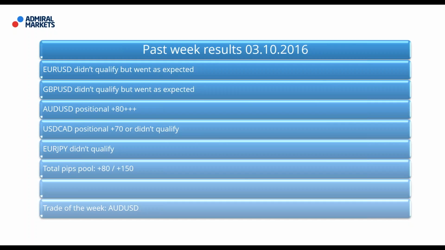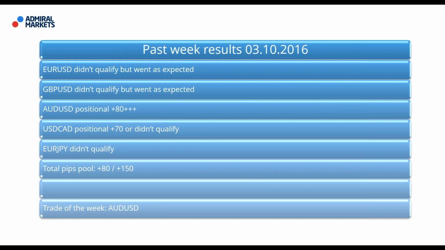So no problems. These are the results, guys, and you can see euro dollar didn't qualify but went as expected. Pound dollar didn't qualify but went as expected. Australian dollar positional trade 80 pips. Dollar CAD, well, it was a couple of pips shy from our POC, so it either didn't qualify or you took an entry for 70 pips.